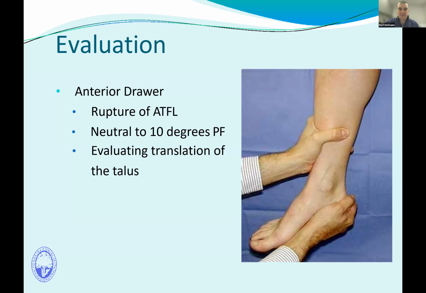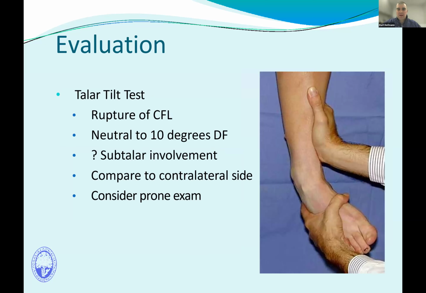Secondarily, or concurrently, there's something called the talar tilt test, and this is looking specifically at the calcaneofibular ligament. In this test, the ankle is placed in approximately neutral to 10 degrees of dorsiflexion, because as we saw in the previous video, the CFL is more commonly injured with dorsiflexion.